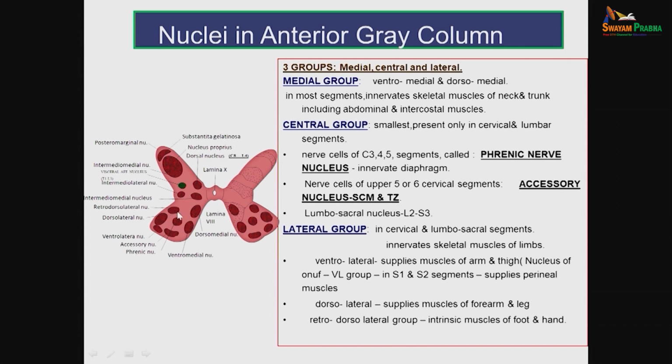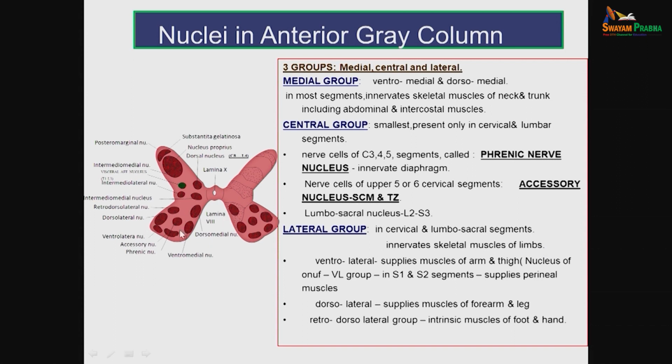The retrodorsolateral group supplies the intrinsic muscles of the foot and hand. So you can see that the arm, forearm, and hand are innervated by various groups of nuclei: ventrolateral, dorsolateral, retrodorsolateral. The same holds good for the lower limb also. That is why initially I mentioned that the lateral group innervates skeletal muscles of the limbs.